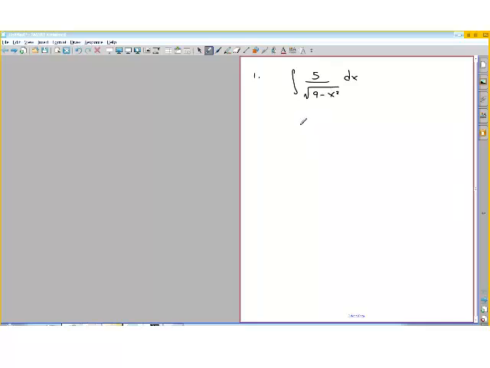If you remember, the way these look is you have something like du over the square root of a squared minus u squared. So basically what you have to do is find out what a is. That's an a, not a 9. A lot of times in these problems, this number is a perfect square to make it easier for you.